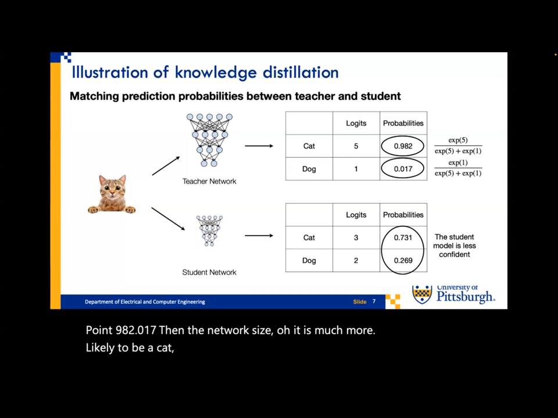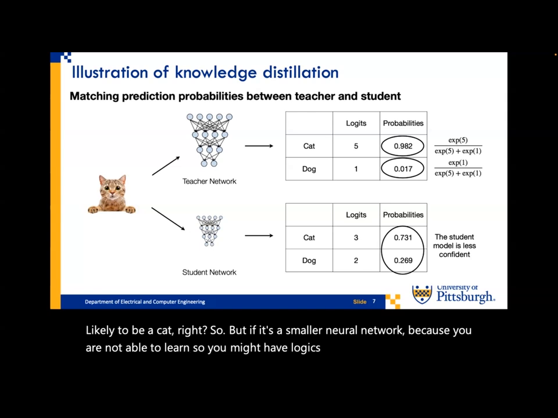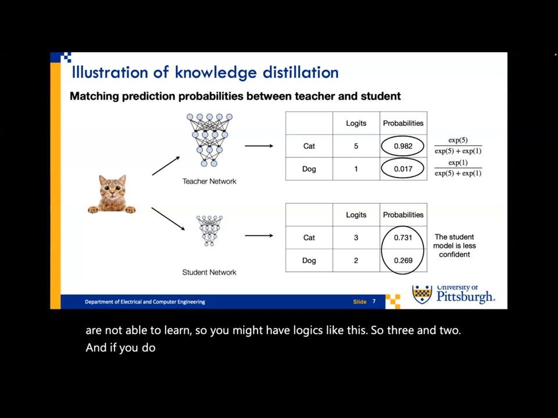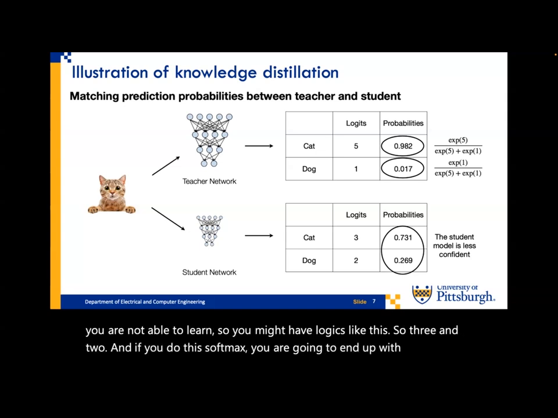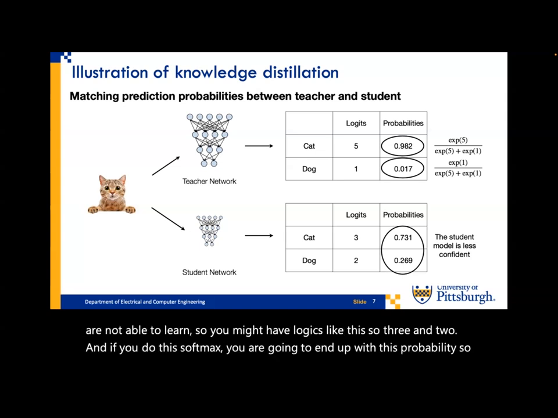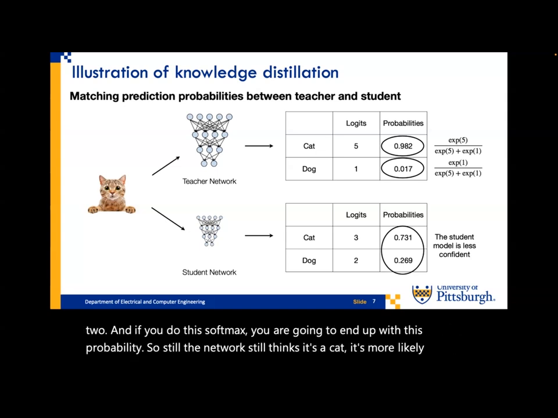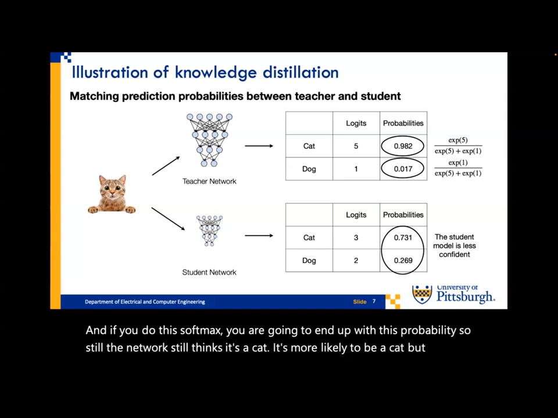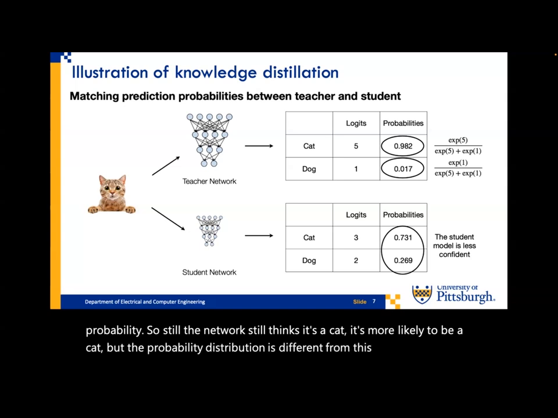But if it's a smaller neural network, because it is not able to learn so well, you might have logits like 3 and 2. If you do the softmax, you end up with a different probability. The network still thinks it's more likely to be a cat, but the probability distribution is different from the first one, with a lower confidence.